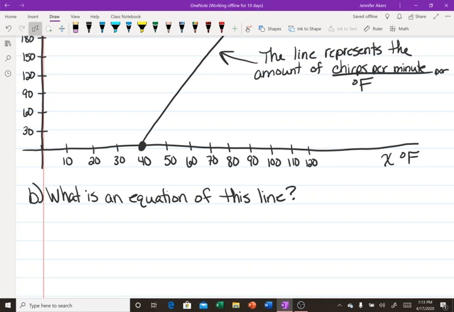We can use slope-intercept form, but we don't know the slope or the y-intercept. We can use point-slope form. Again, we don't know the slope, but we know a point. We actually know 2 points. Or we can use standard form. And it really doesn't matter which one you pick. I'm going to show you point-slope form.